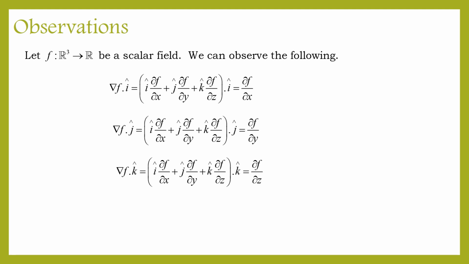If we want to find out a normal to the given surface, we need to find out the gradient of the given surface. If we want to find out a normal to the given surface at a given point, what we have to do? We need to find out the gradient of the given surface at the given point. That gives us the normal to the given surface at the given point.